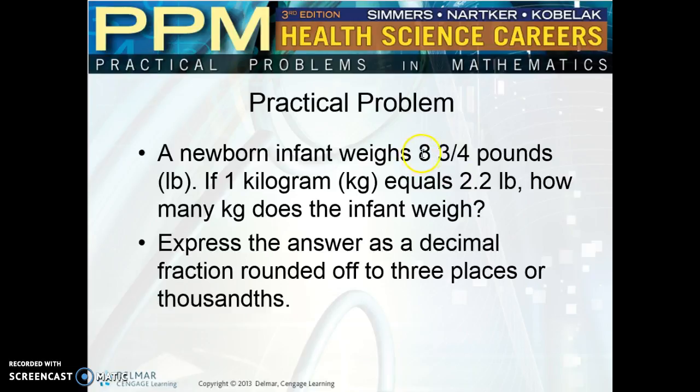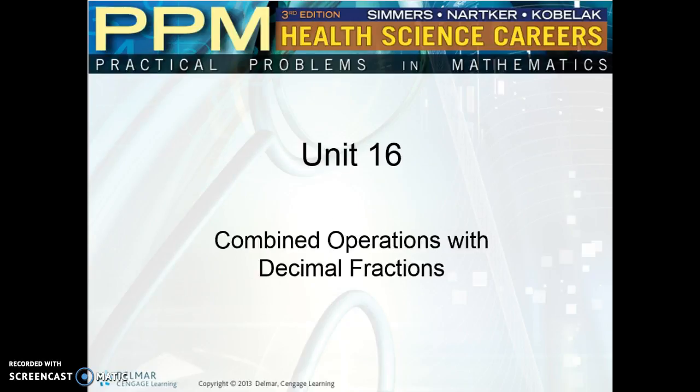So changing this to 8.75 pounds is going to be key to being able to go on and finish the problem. You don't have to actually change 3/4 to a decimal by hand going forward. We want you to learn these common fractions so that you can do them in your head and be able to use them.